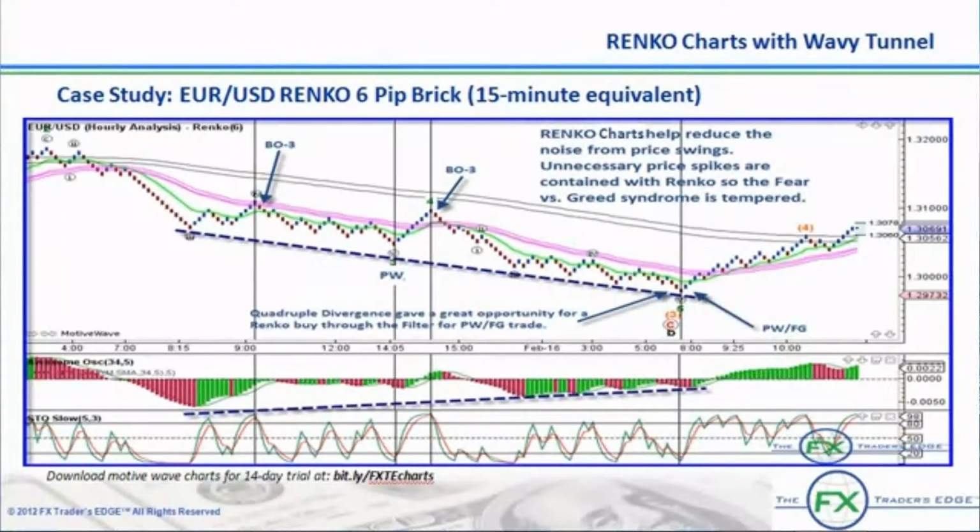The next breakout 3 trade is ripe for a sell with the overbought stochastic. Finally, the PW trade is ripe for a buy with awesome oscillator divergence and oversold stochastic. The next chart will compare this Renko chart with the candlestick chart.